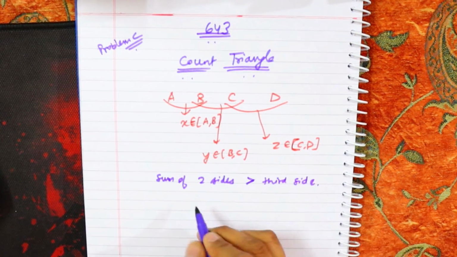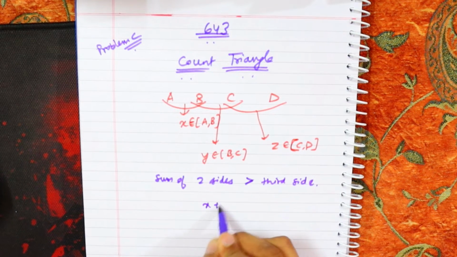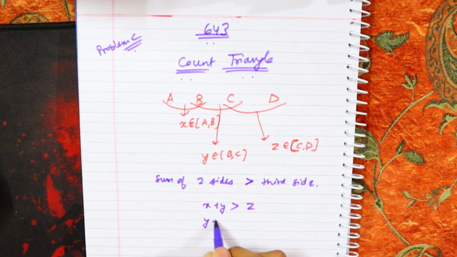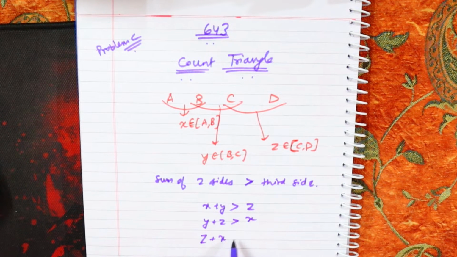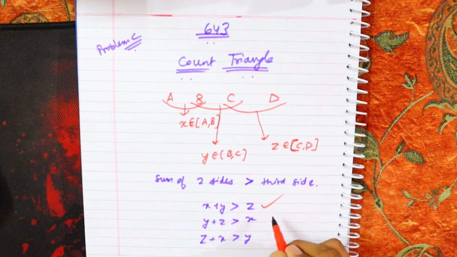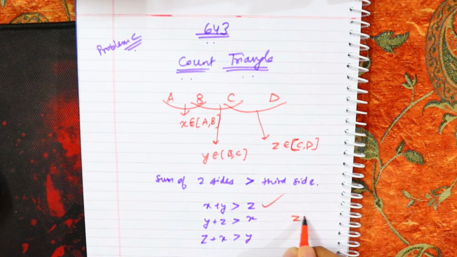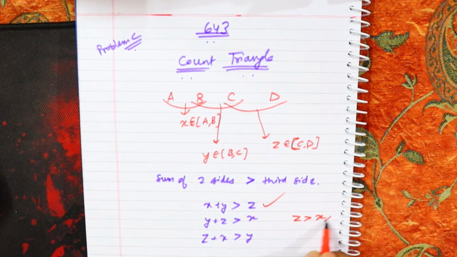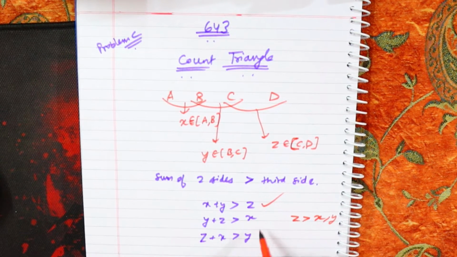Now you will say, Aaron, I will choose x plus y bigger than z, y plus z bigger than x, and z plus x bigger than y. I will say no, you don't have to worry about all these cases. You just have to worry about the first case, because z is always bigger than x or y, so the other two will always hold true.